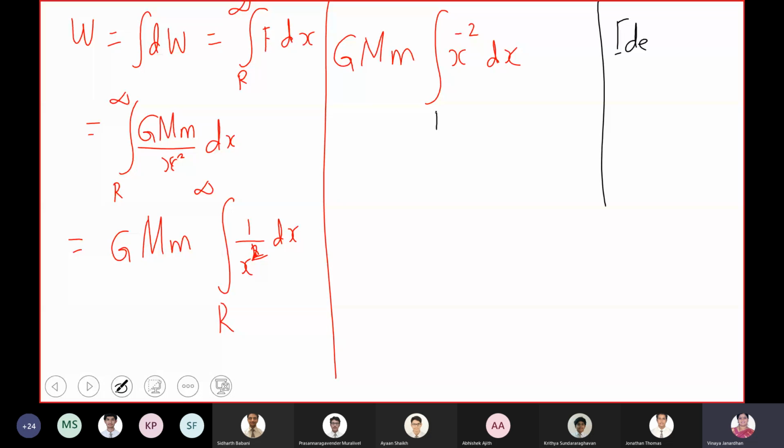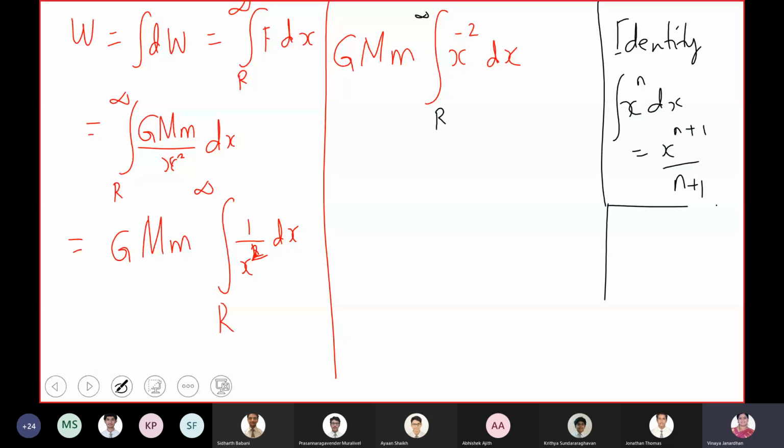The limit is r to infinity. What is your identity for integral calculus? The integral of x to the power of n dx is equal to x to the power of n plus 1 by n plus 1. Is that clear, boys? Here in this case, what is n? n is minus 2.